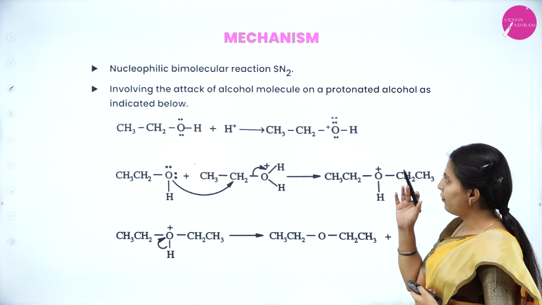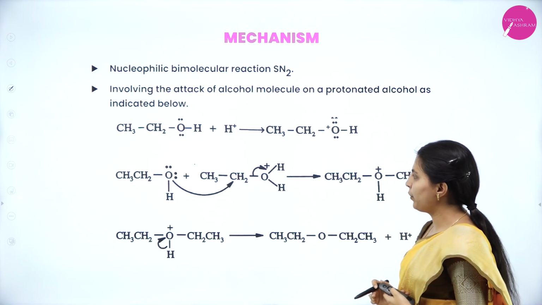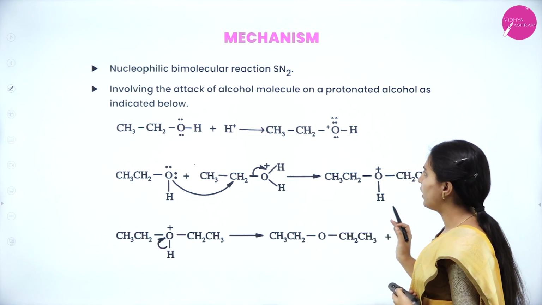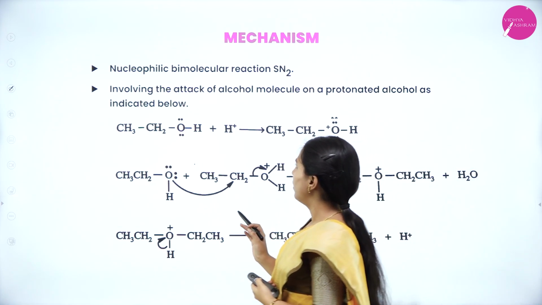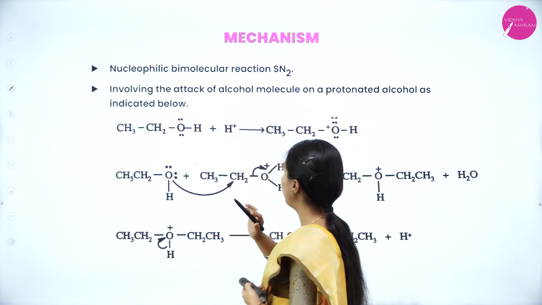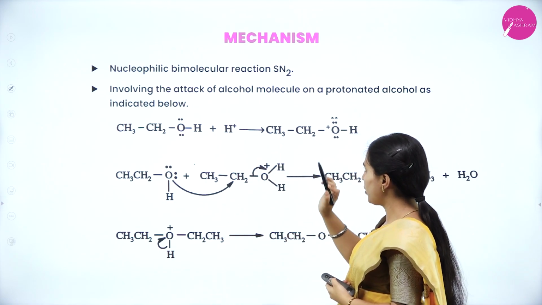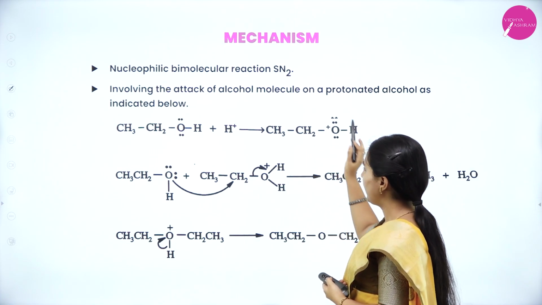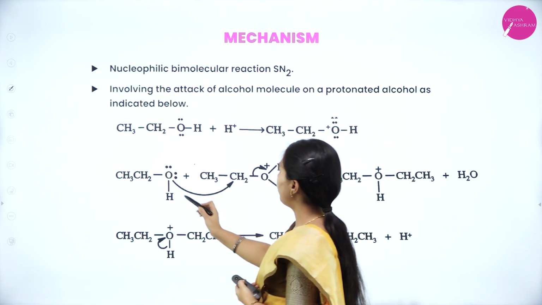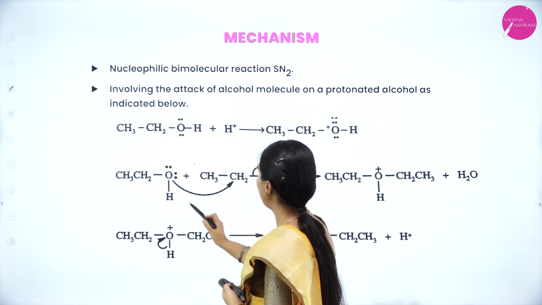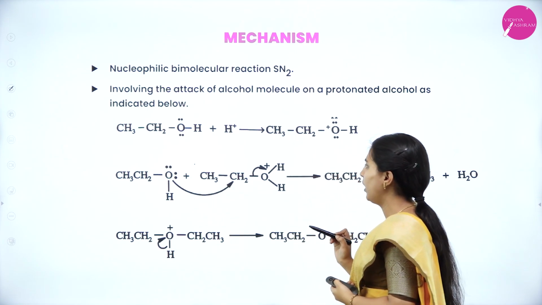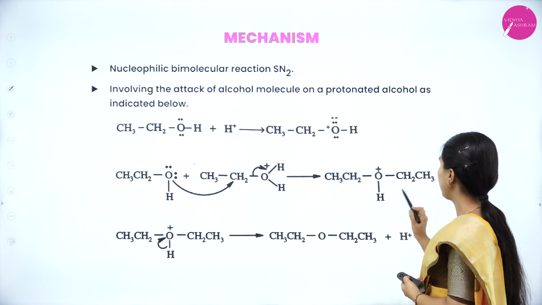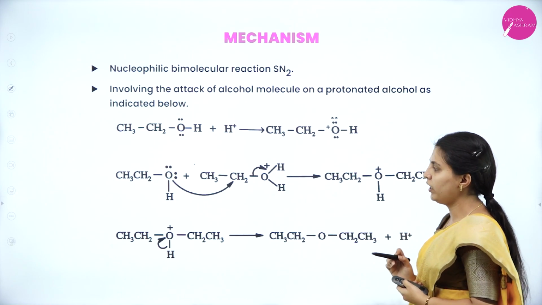Mechanism: it proceeds through a nucleophilic bimolecular reaction, that is, an SN2 reaction involving the attack of an alcohol molecule on a protonated alcohol, as indicated above. Okay, this is ethanol. When protonation has taken place, CH3CH2OH will add here, and the proton that was added will be given to the carbon of ethanol, forming CH3CH2OH and CH3CH2 with water removal.